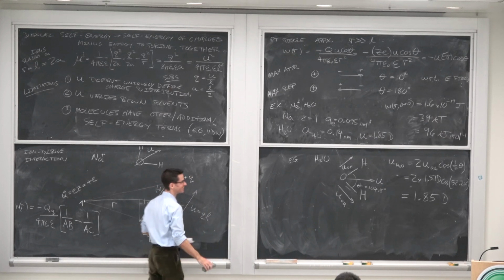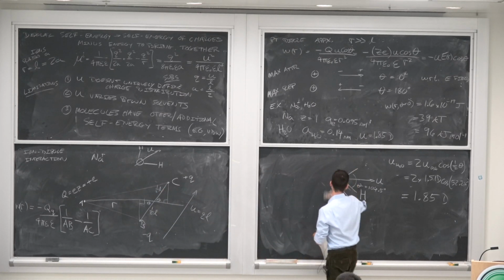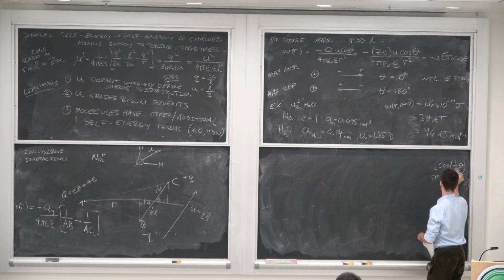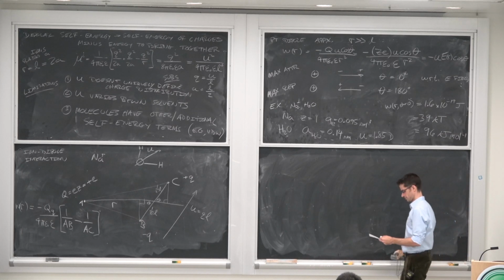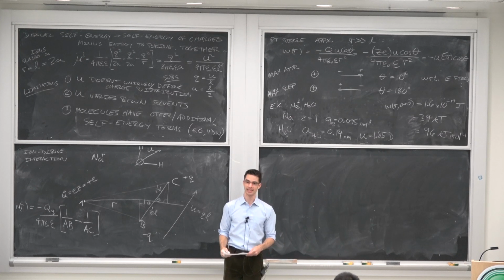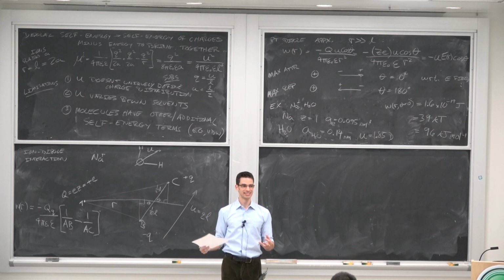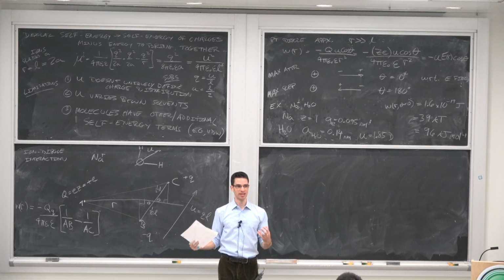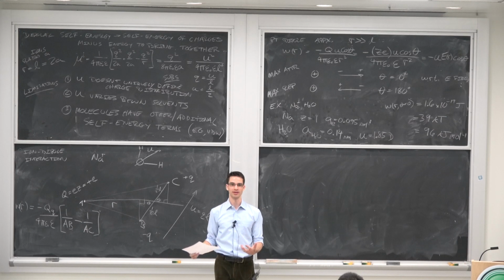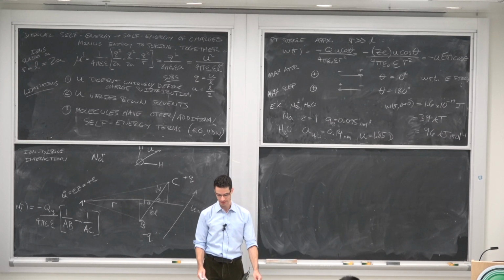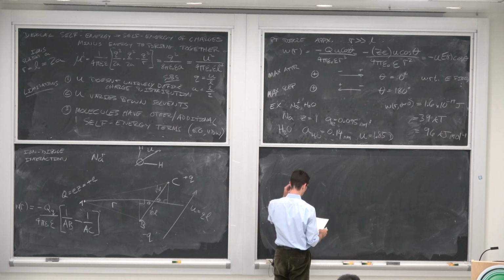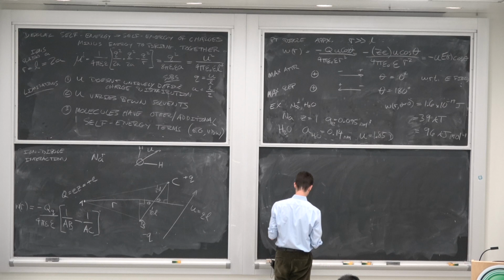Is that a lot of kTs? It's kind of a lot of kTs. 10 is a good amount of kTs. 10 is like the water-water interaction. We know water has a fairly strong potential because it's a condensed phase at room temperature.